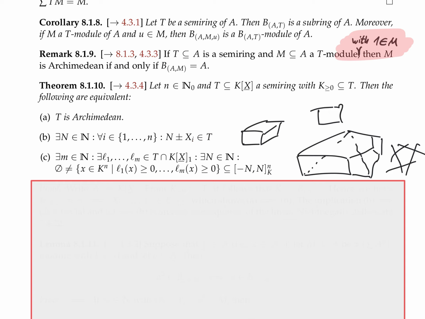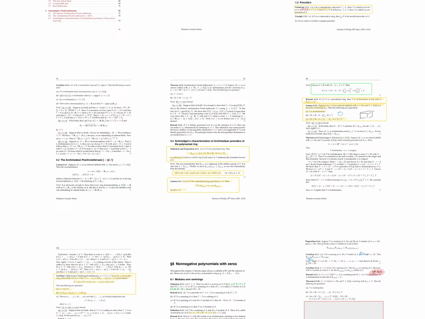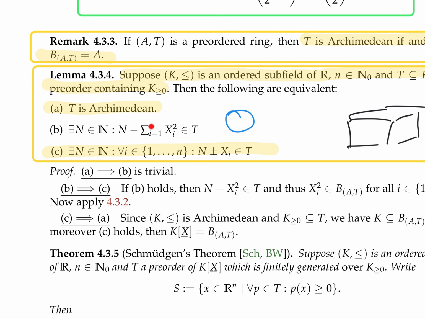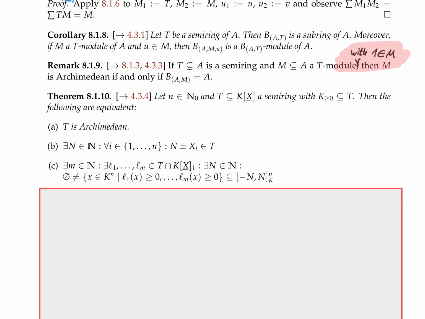Okay, good. So this bounded polyhedron in some sense replaces what in 434 was the sphere with radius square root of n. So it's not as nice. It looks much more complicated, but the idea is the same.